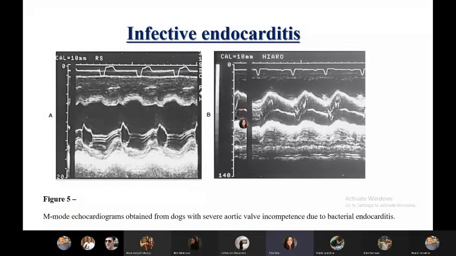B shows the weak chaotic movements of the aortic leaflet, indicating that the vegetation and the bacteria have destroyed and demolished the aortic valve.